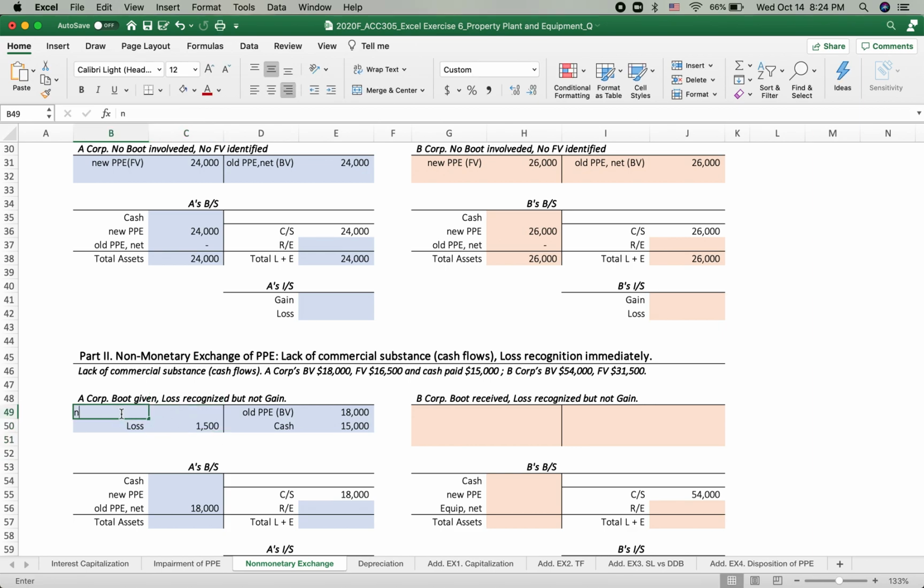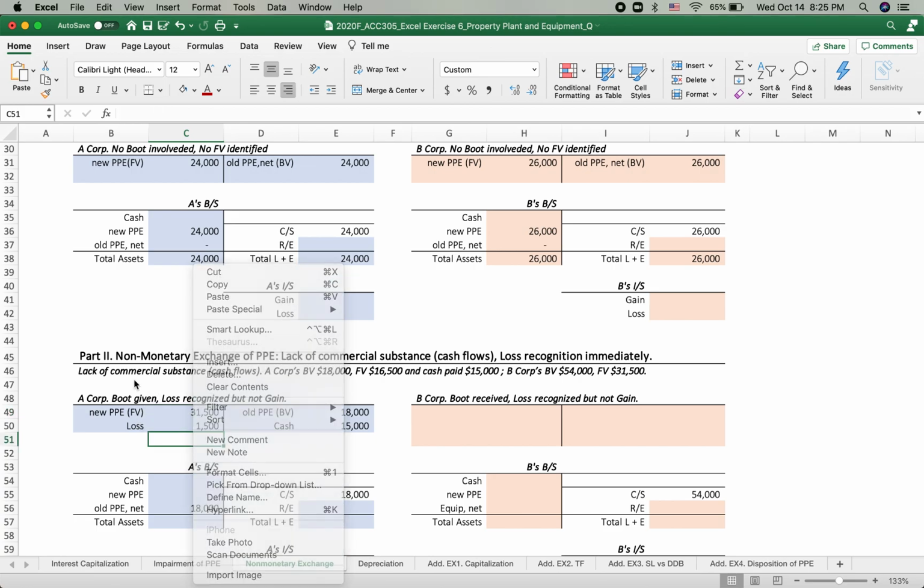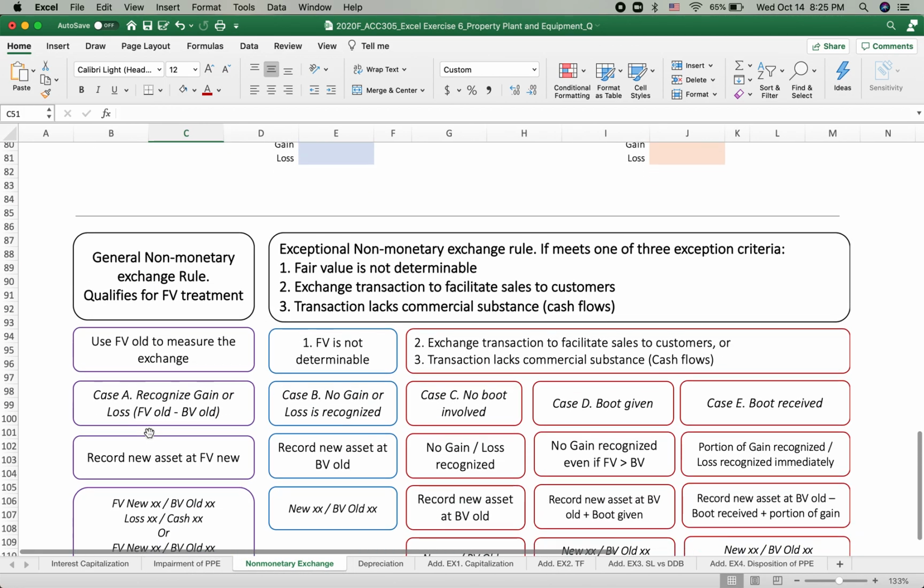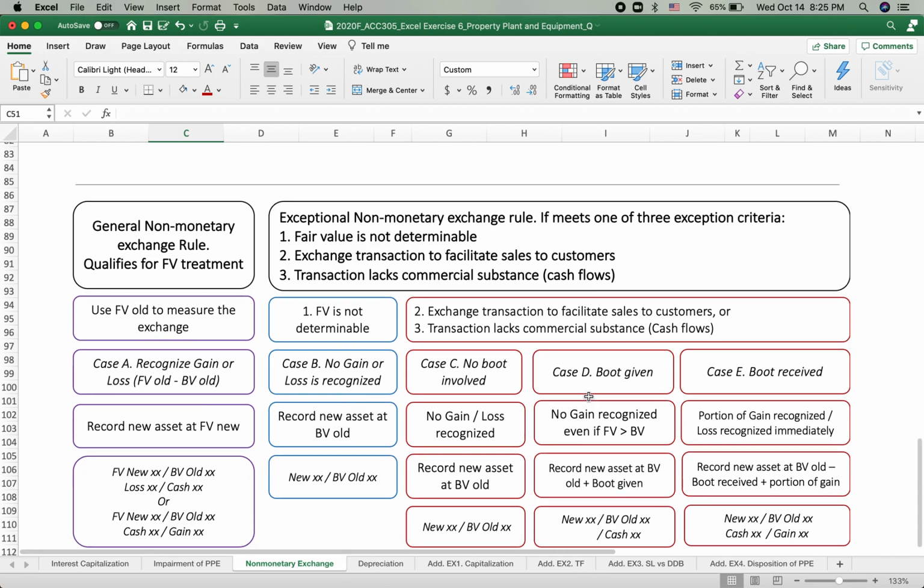Then we put the new PP&E, the fair value acquisition cost, the fair value of new PP&E from the corporation B. Then we can just plug in. After calculating all the losses, 31,500, which is the same as the fair value, right? Or you can just put in 31,500. Okay, that is the case of boot given, and the case D.